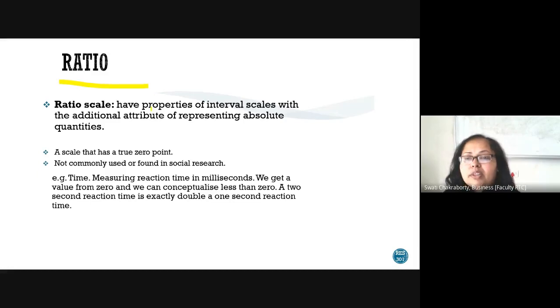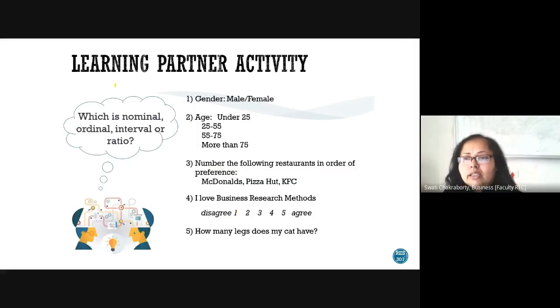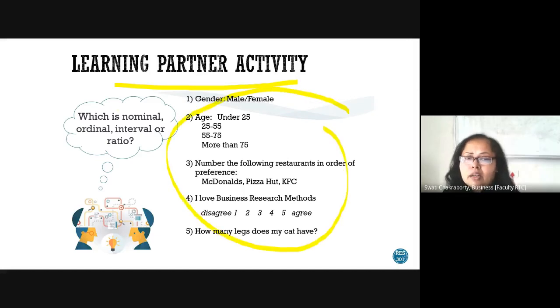Ratio has the properties of interval scales with the additional attribute of representing absolute quantities. It's a scale that has a true 0 point. It's not commonly used or found in social research. For example, time, measuring reaction time in milliseconds. So these are some of the activities regarding nominal, ordinal, interval, or ratio.